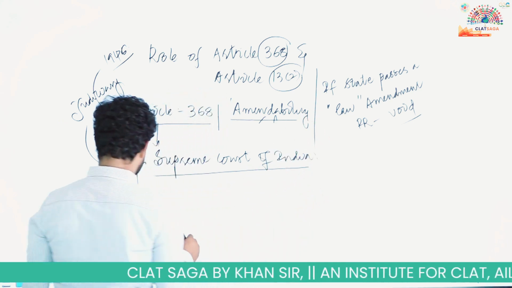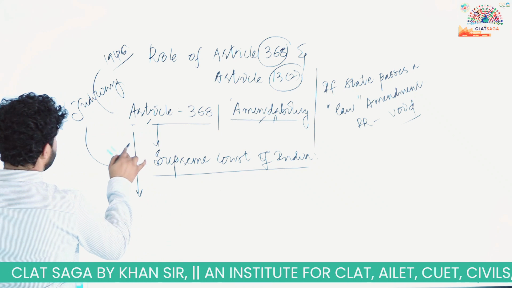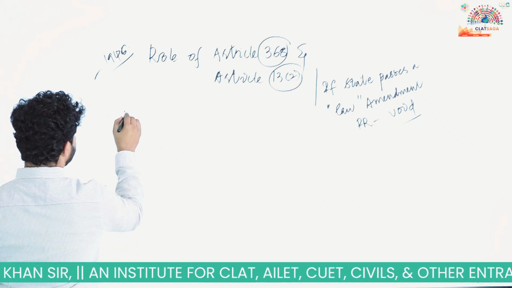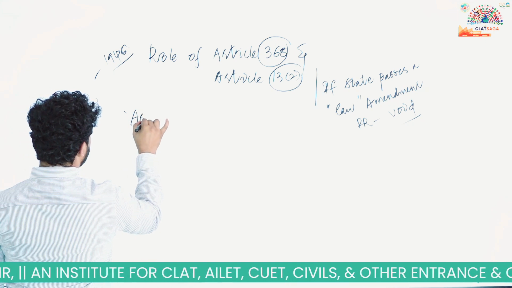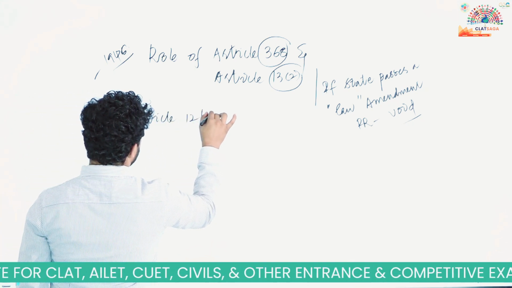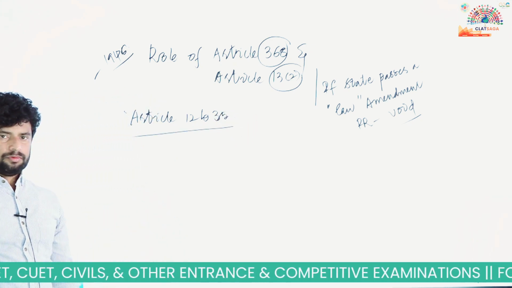The fundamental rights in the Constitution of India are mentioned from Article 12 to 35.